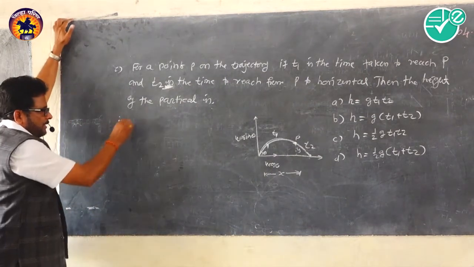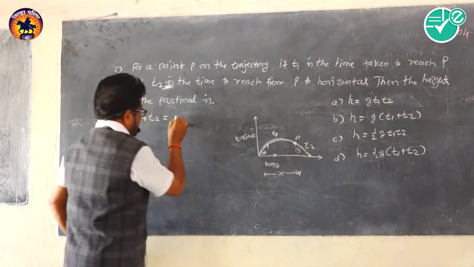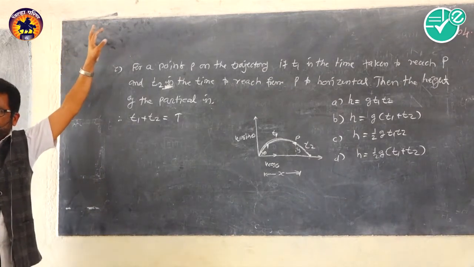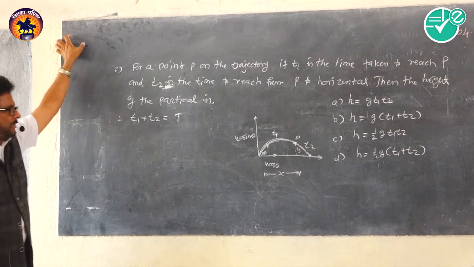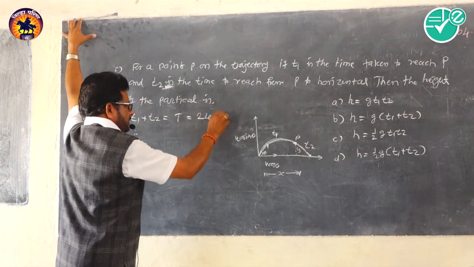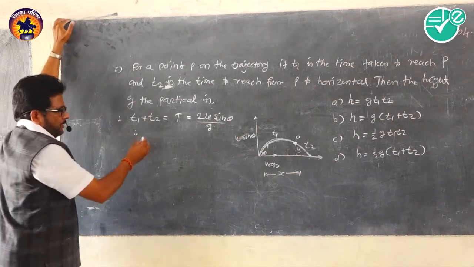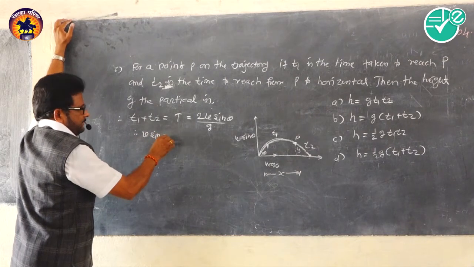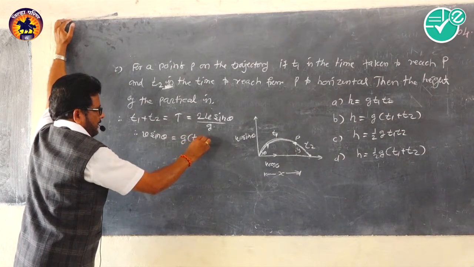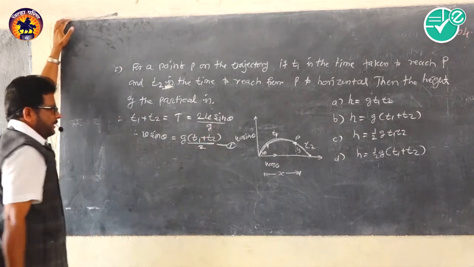Therefore, T1 plus T2 is the time of flight, that is T, and therefore that is equal to 2u sin theta upon g, or from this we can write u sin theta equal to g (T1 plus T2) upon 2. Suppose equation number 1.